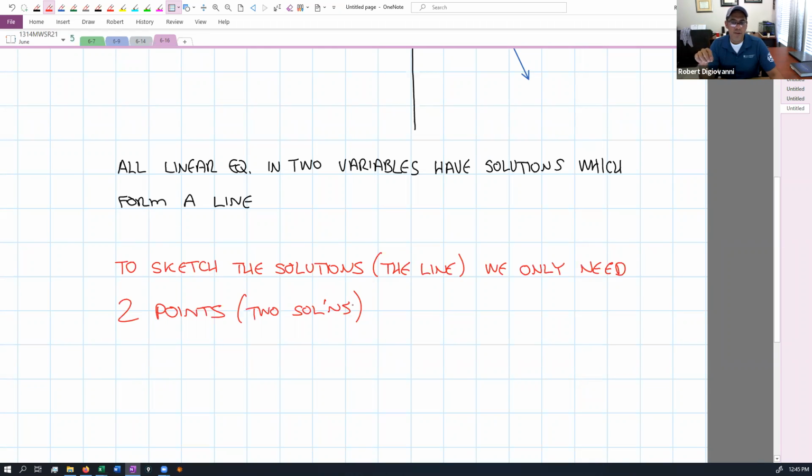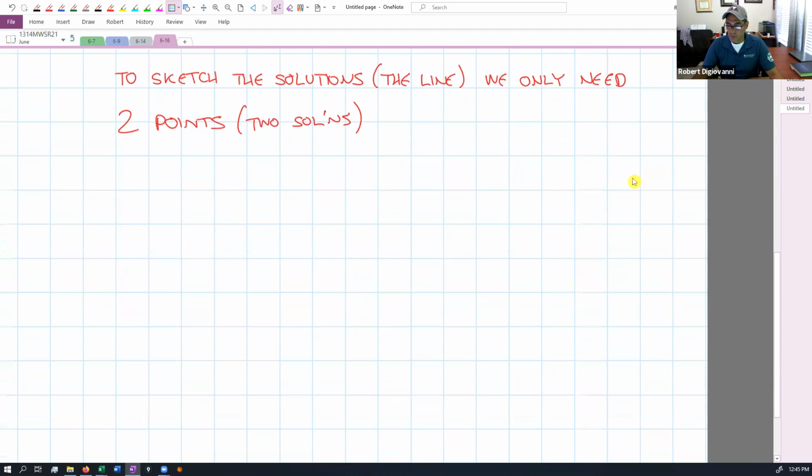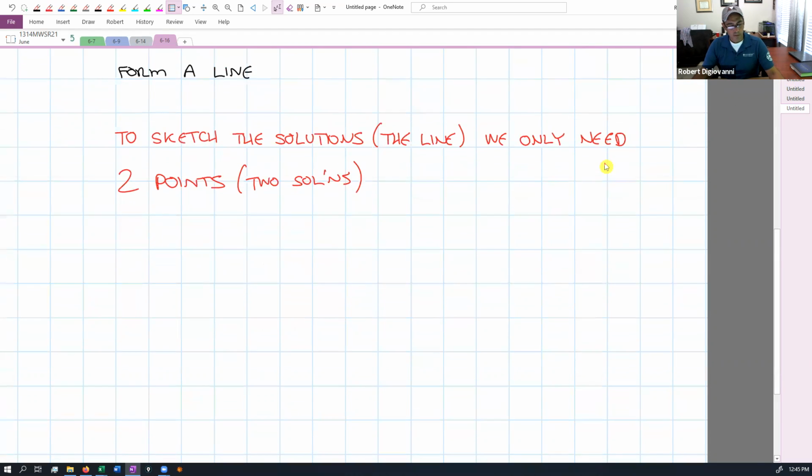So the goal of this is going to be, I give you an equation and I ask you to visually show me all the answers. In other words, graph the line, sketch the solutions. Understand? Got any questions on what we're trying to do? So to sketch the solutions or the line, we only need 2 points.